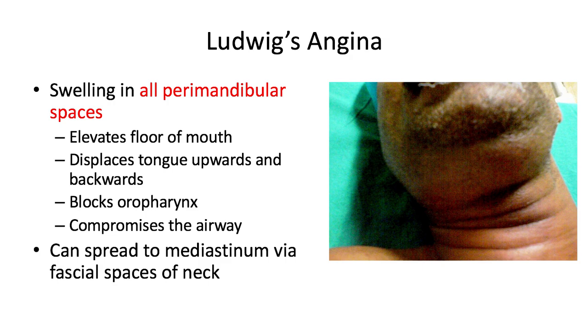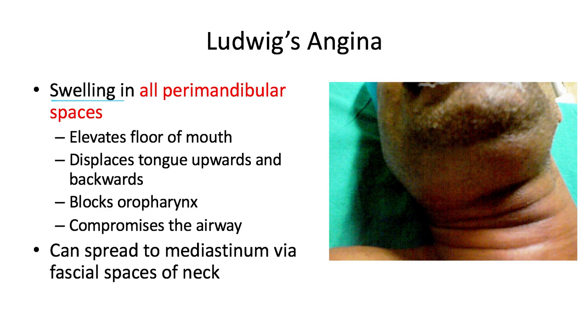So Ludwig's angina is an important clinical manifestation to talk about because it can certainly appear on the board exam as an aggressive form of cellulitis. That's a diffuse spread of infection through fascial planes of soft tissue. Ludwig's angina involves swelling in all three of the perimandibular spaces, the ones we just talked about: sublingual, submandibular, and submental.